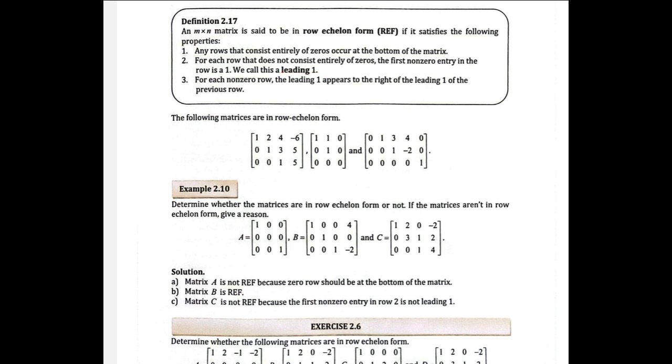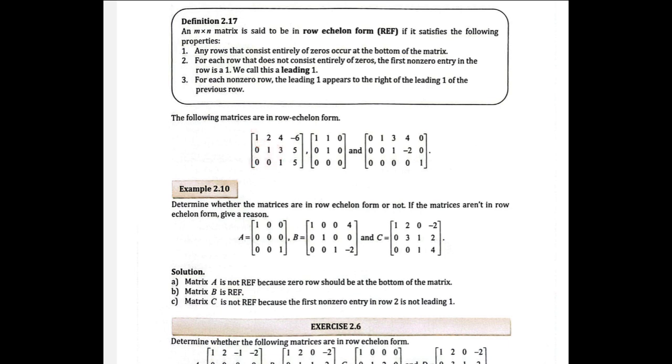Lastly, for each non-zero row, the leading one appears to the right of the leading one of the previous row. What does this mean? The 1s should be in the form of stairs. So once you have 1 at this place, you cannot have 1 before it.